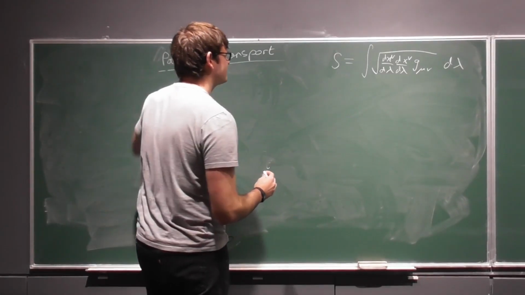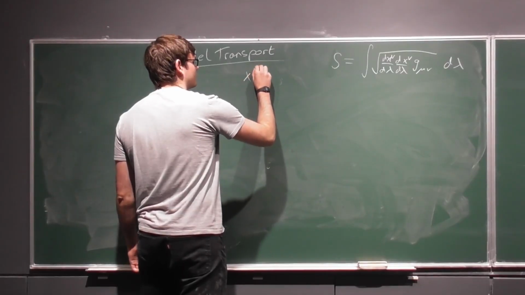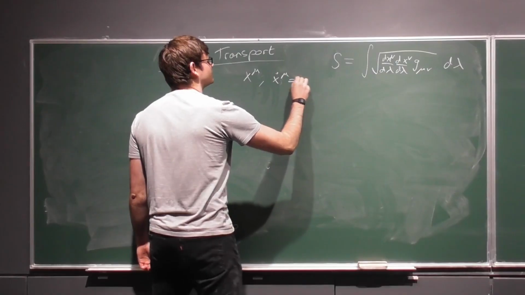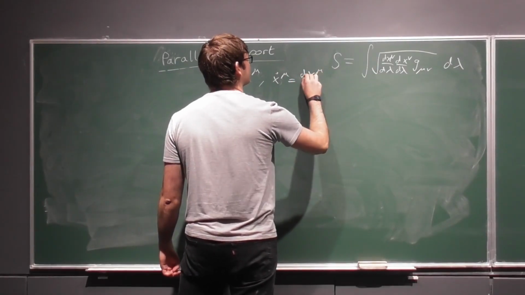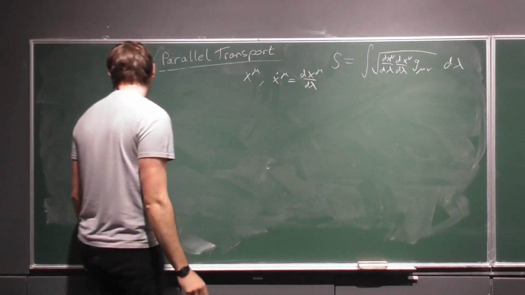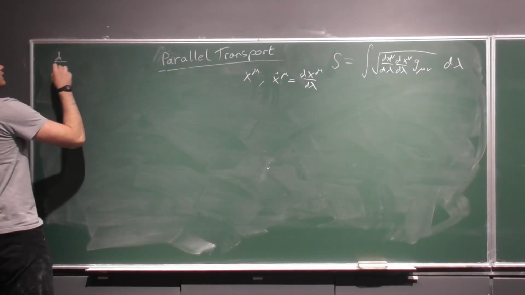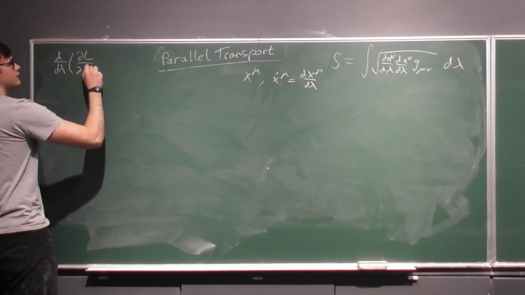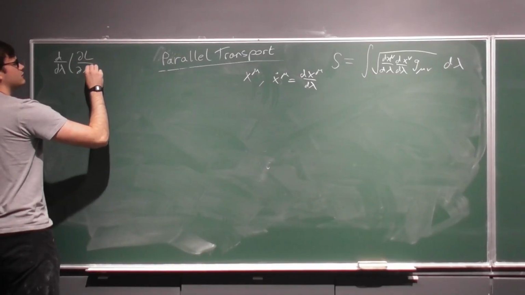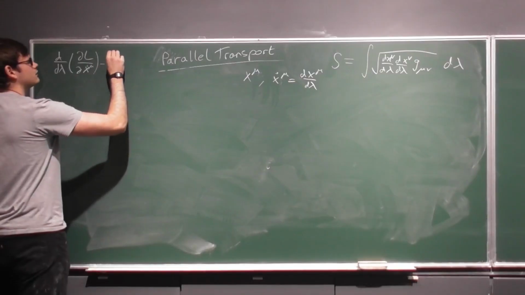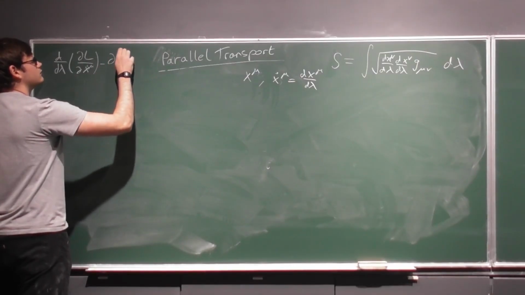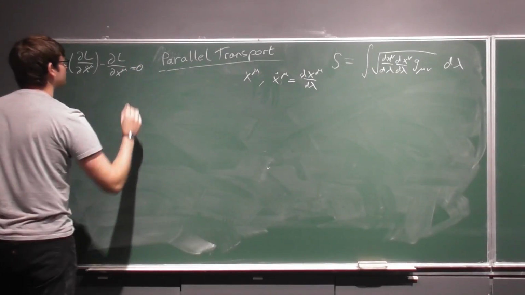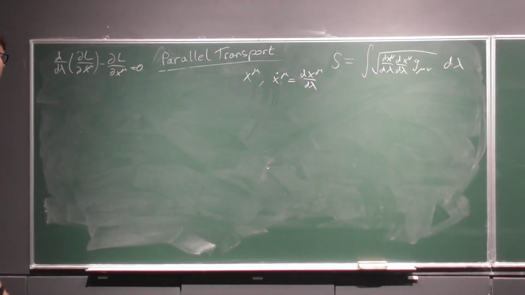In our case, we're going to have x^μ and x^μ dot, which is just dx^μ/dλ. We then write down the Lagrange equations up here in the corner in terms of what we have now. This is what they're going to look like. All right, this is all we have to solve.